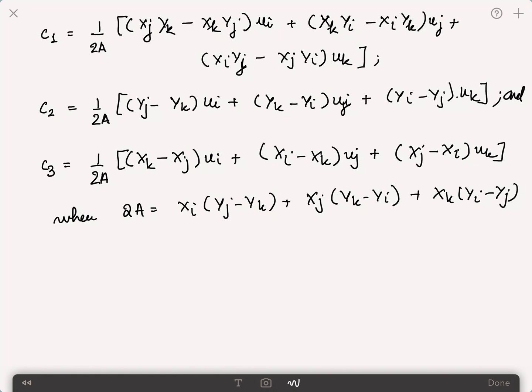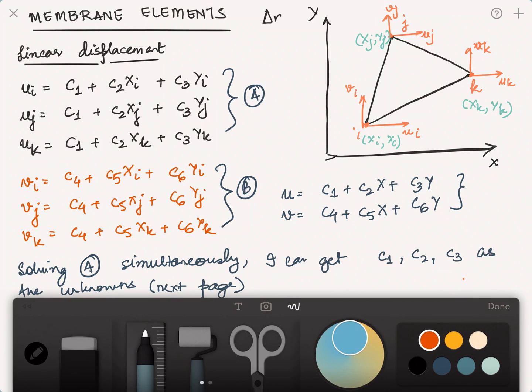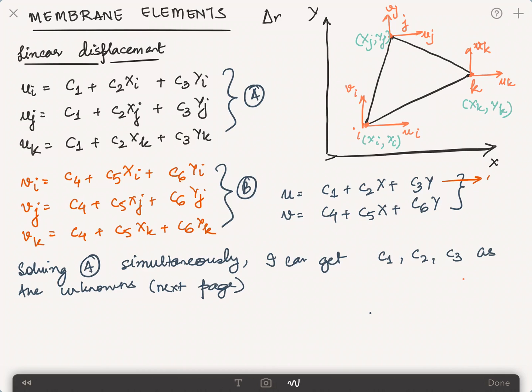However, moving on, if I have gotten these terms C1, C2, C3, I have to of course go back and substitute them into the relation that I had over here. So I can call this relation 1 and relation 2.